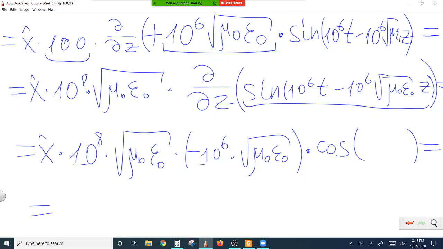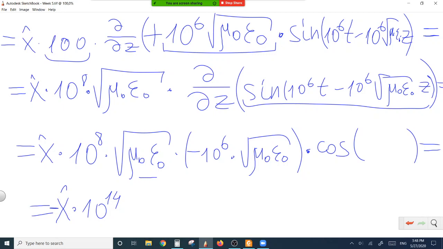10 to the power 8 and 10 to the power 6 gives us 10 to the power 14. Here is minus, of course.